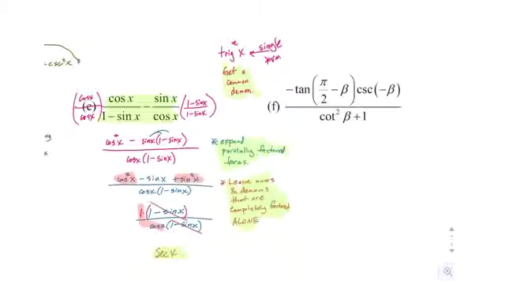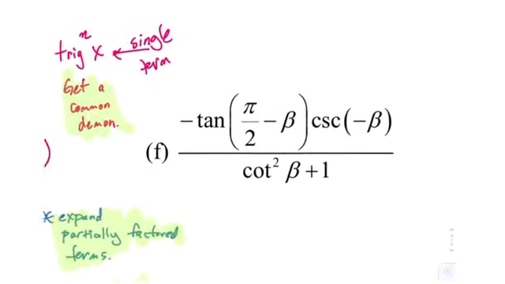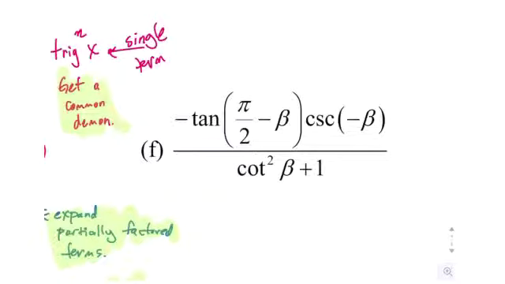All right, letter F. What the heck is that letter? Beta. Good. It reminds me of Tigger. It's like a bee on a pogo stick. This is beta. It's just another variable that we use, okay? We use x, we use theta, beta, alpha. Don't let the variable mess you up.